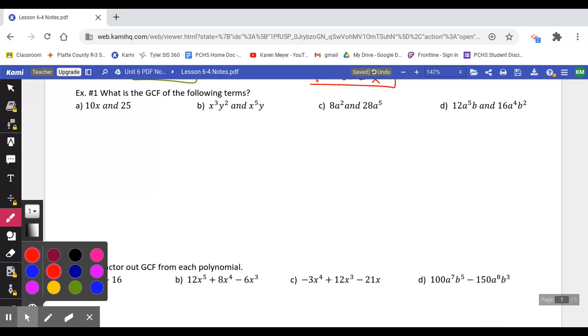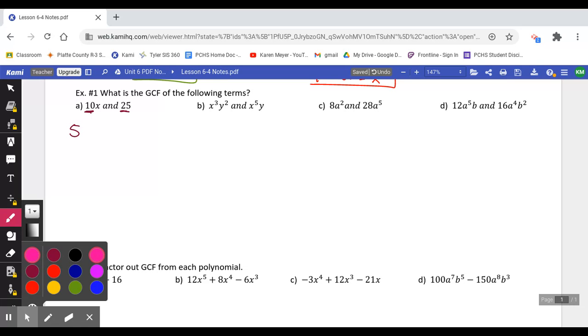Okay, so let's keep practicing this before we get into what our homework problems are going to look like. So we've got 10x and 25. Let's go with our coefficients first. 10 and 25. What is the largest number that goes into 10 and 25? And hopefully everybody says, oh, 5 goes into 10 and 5 also goes into 25. Yay!